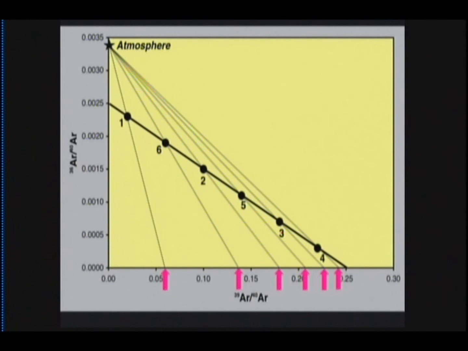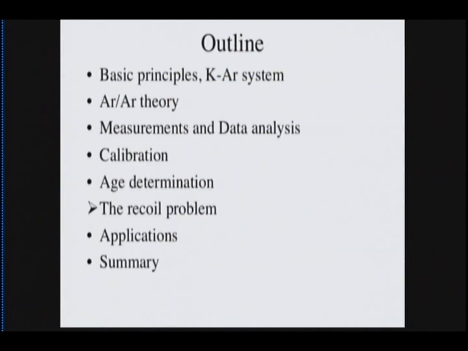It's a perfect straight line, and the age is actually right there. So this is an example of how you can use an isochron to calculate an age that makes no assumptions about the composition of trapped argon and completely cuts through the issues that you have if you just use an age spectrum. And I think that's the last one.